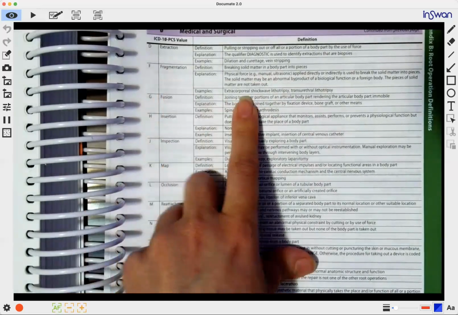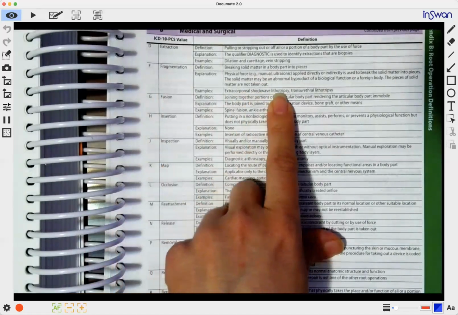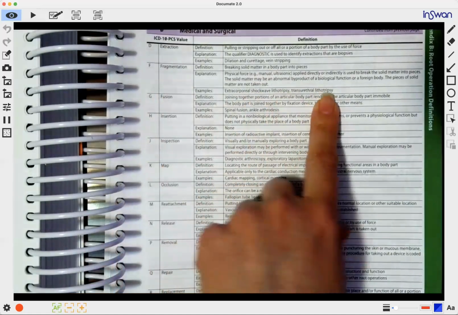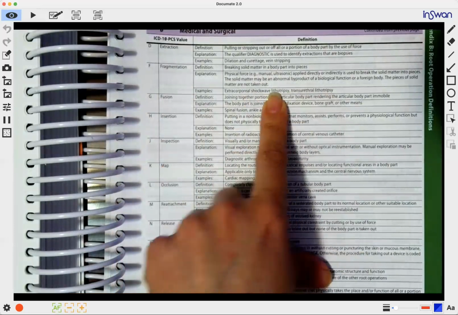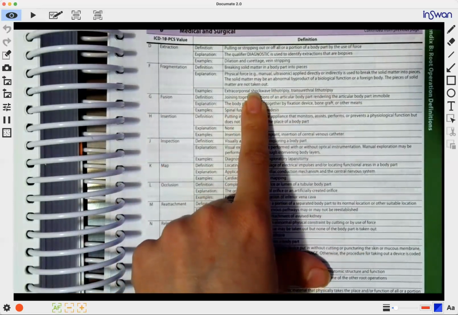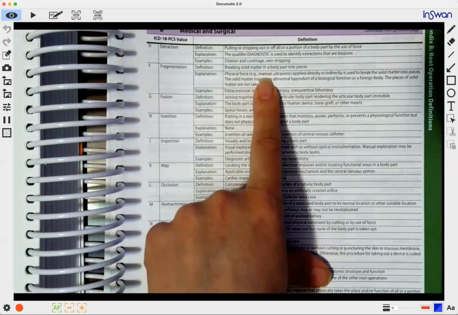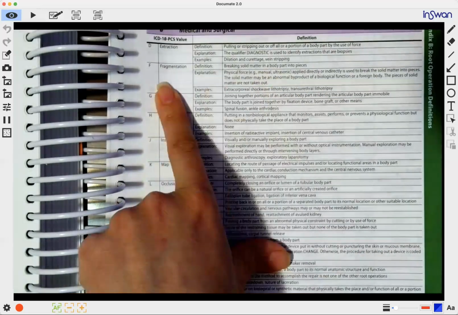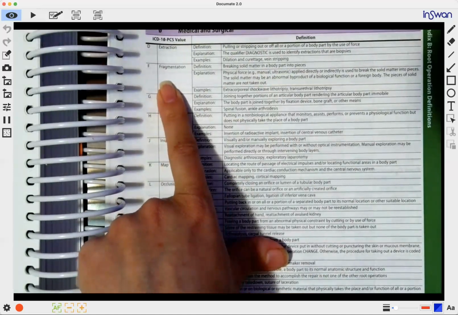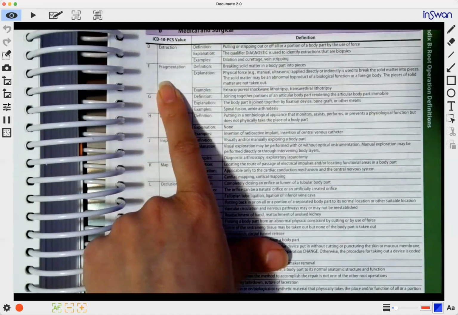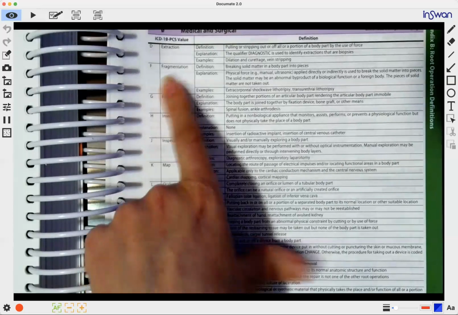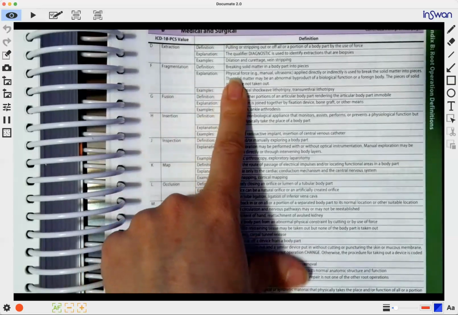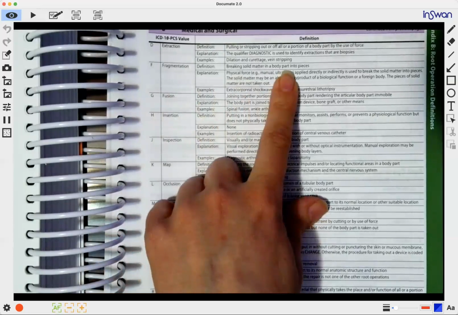So extracorporeal shockwave lithotripsy. So lithotripsies, that's going to be your fragmentations. They've broken them into pieces before. So it could be manual force, it could be ultrasonic force. That's fragmentation. And remember, when we talked about extirpation, it was taking out solid matter from a body part. And here it's solid matter, but it is breaking the solid matter into pieces.